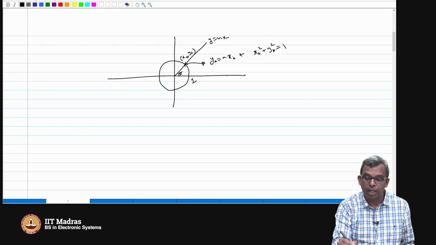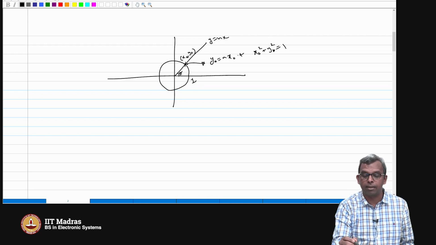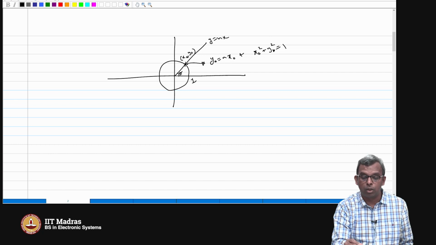So, this is how you find the point of intersection between a circle and a line. The line is y equals mx, so the point of intersection has to satisfy both. So, x naught squared plus m squared x naught squared equals 1. So, x naught equals 1 by root of 1 plus m squared.